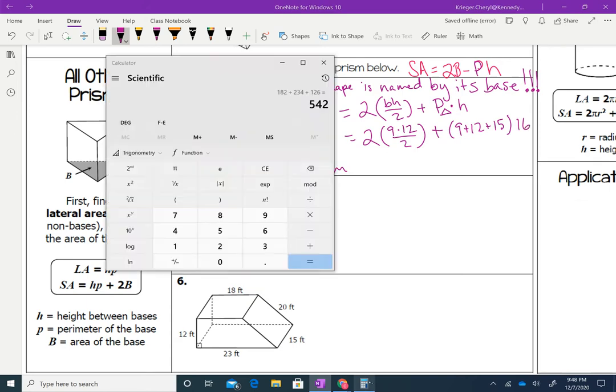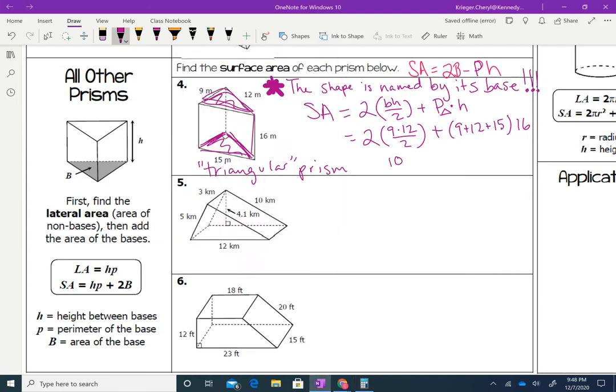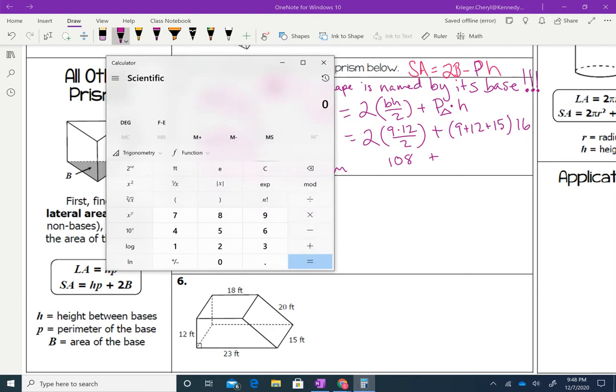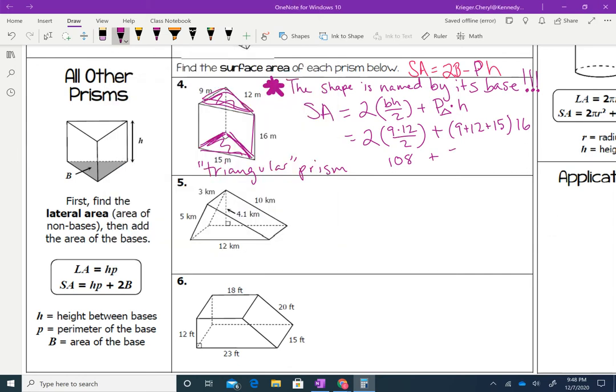Okay, so the rest of this is just calculating. We've plugged it into the formula. 2 times 9 times 12 divided by 2 is the same thing as 9 times 12, which obviously is 108. I did not need to plug that in. Okay, so the perimeter, 9 plus 12 plus 15, is 36 times my height, 16, 576.